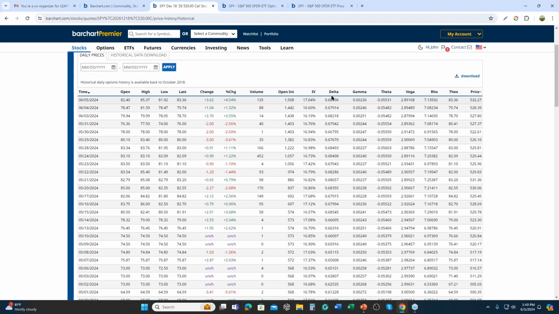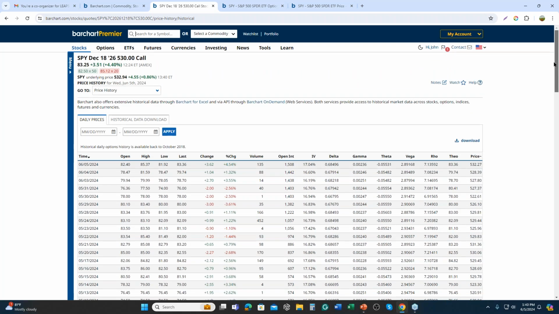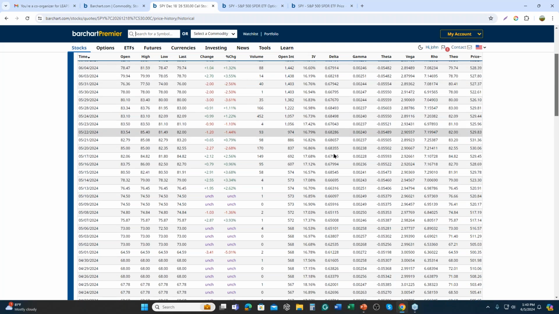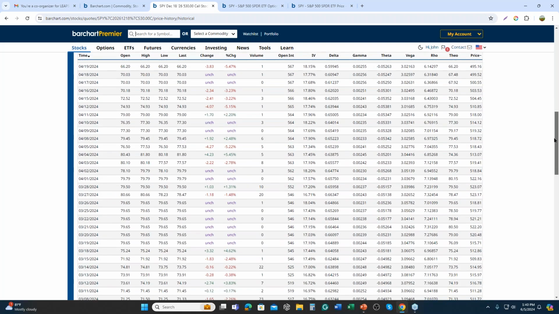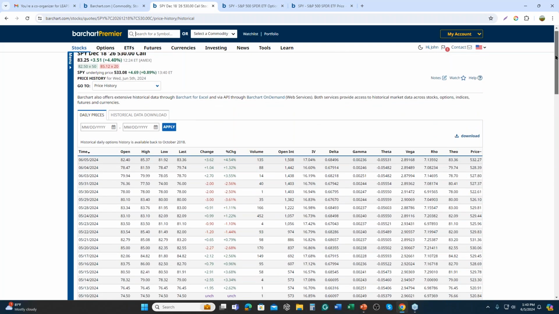Notice that the delta here for the at the money 530 call that expires in 926 days is very stable. It doesn't really move around much as the stock price moves around. This is beneficial for us in a couple ways. First of all, we know that our prices are going to be relatively stable, but also large price movements will be dampened a bit, which could be a benefit or it could be negative to us.